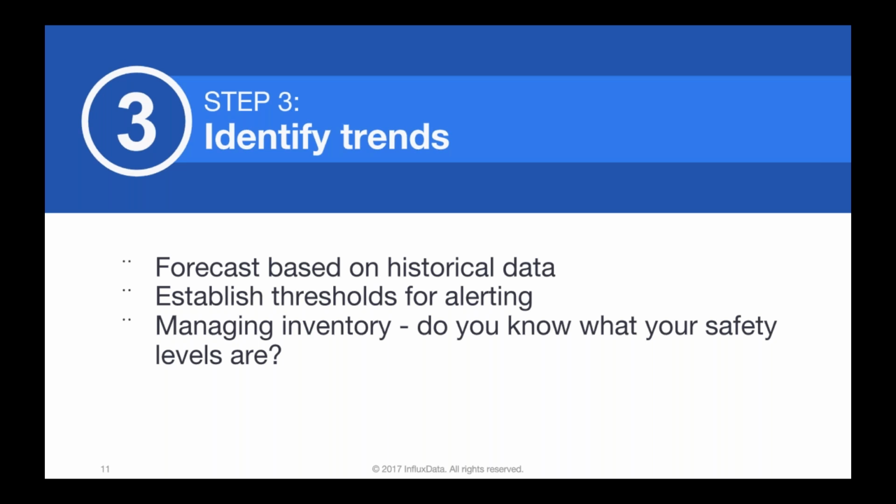Is this steadily decreasing? Does it go up over the course of a day and then suddenly drop? What are these trends, to figure out if there are things we need to fix or resolve right now? And establishing, is it critical when it gets to 60%? Is it critical when it gets to 80%? Or is it okay if it jumps all the way to 100? You never know. So establishing those thresholds for alerting can be really important.